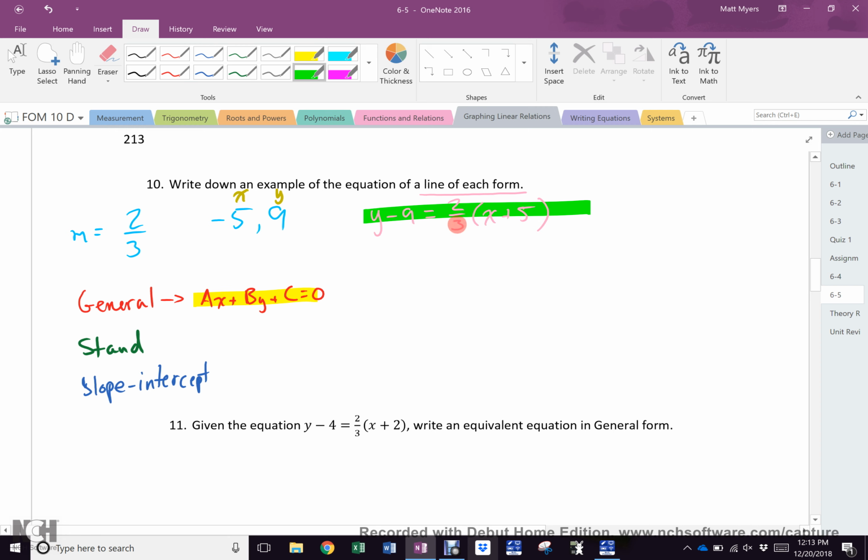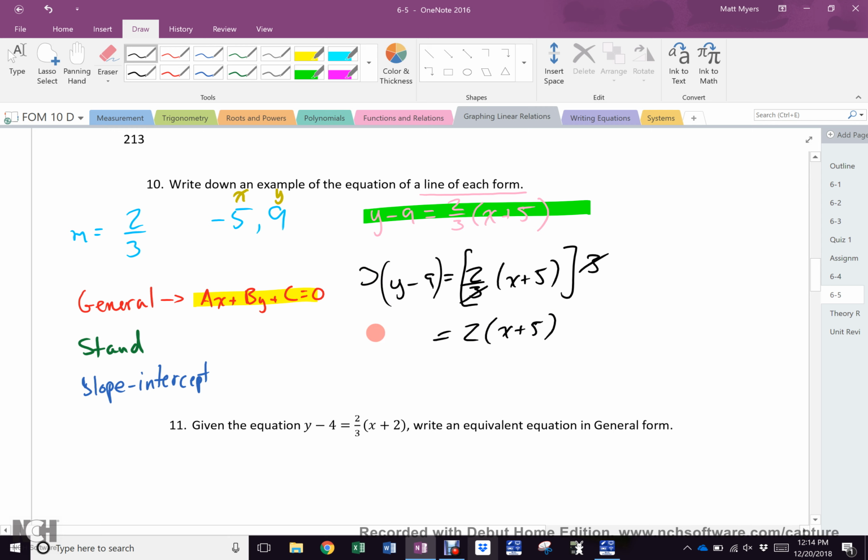How do I get rid of this fraction? You multiply it by what? 2/3 times x plus 5. So if I multiply this side by 3, what's going to happen to that 3? It's gone. What's left over here? 2 times x plus 5, right? Multiply everything.